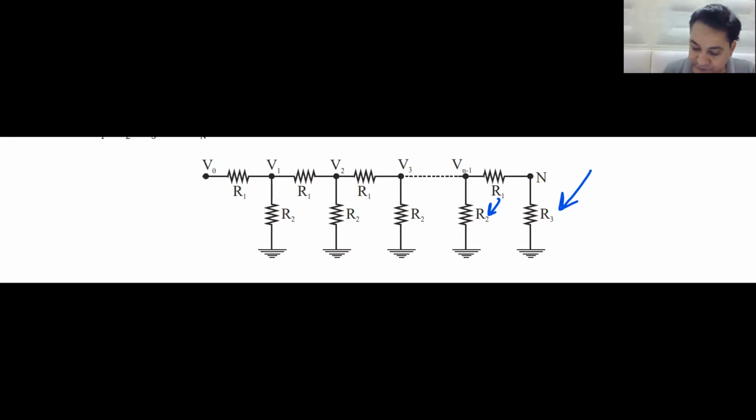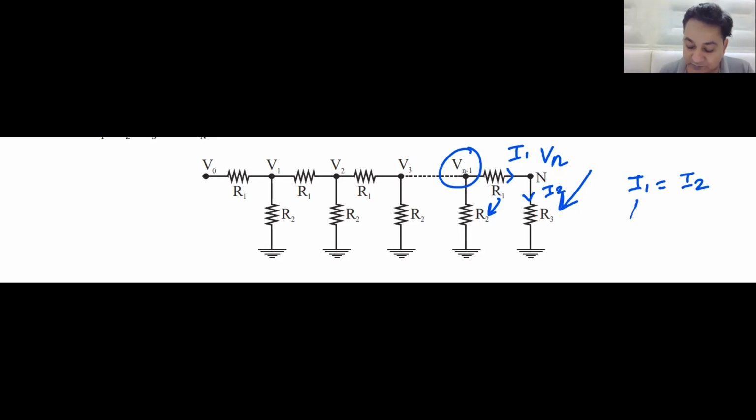See, if I call this current I1 and this current I2, I1 shall be equal to I2. Yes or no? Yes, sir. To get the value of I1, I will subtract Vn. This is Vn.